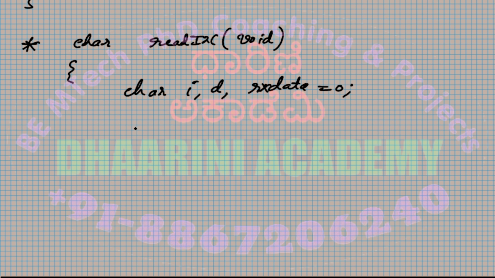So for loop, I equal to 0, I less than 8, I plus plus.